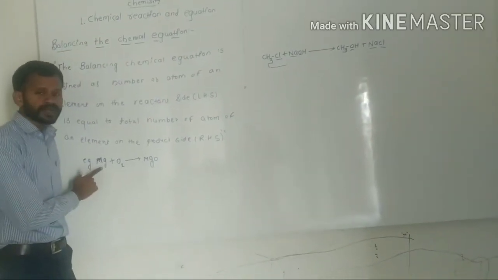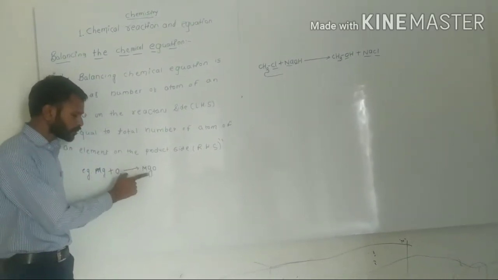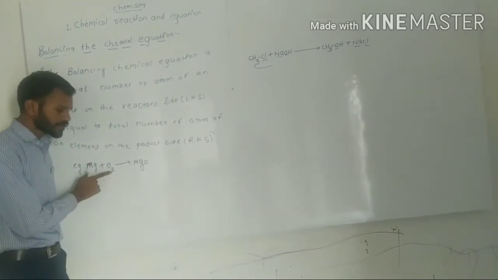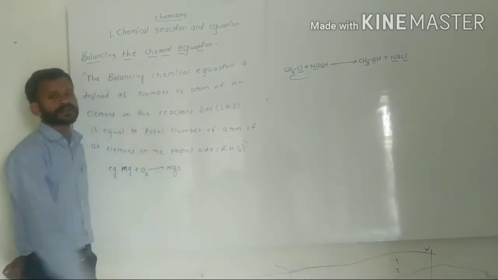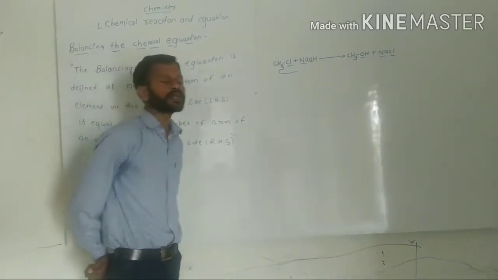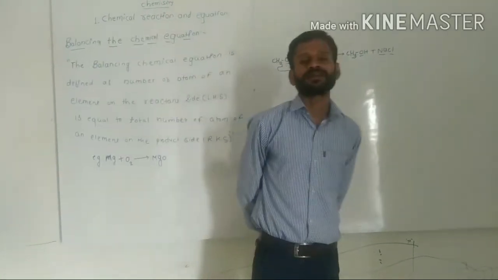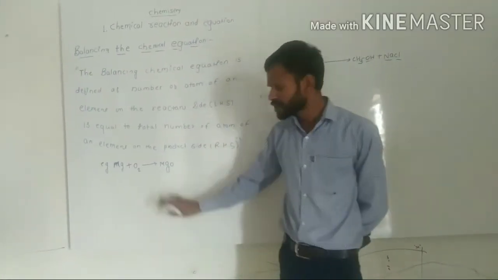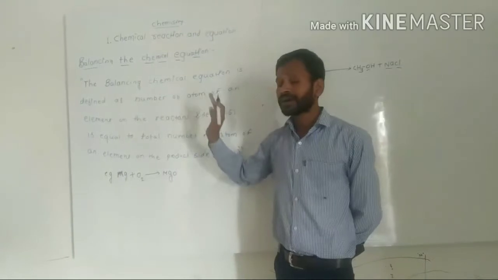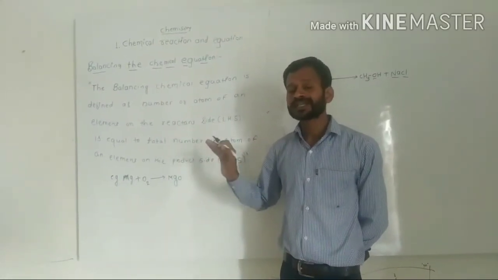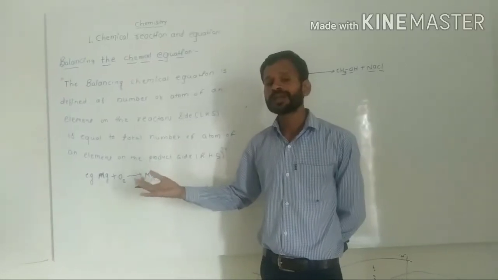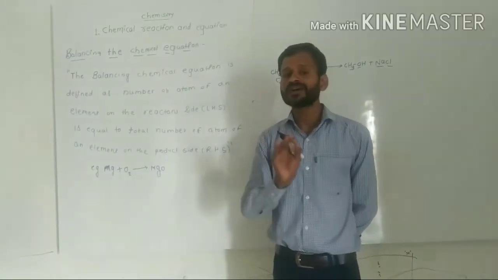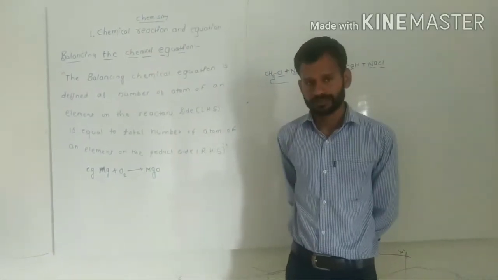Here only one magnesium atom, here again one magnesium atom, but on the reactant side there are 2 oxygen atoms and on the product side only one oxygen atom is there. So it is an unbalanced chemical equation. Unbalanced means the total number of atoms present in the reactants is not equal to the total number of atoms present in the products.